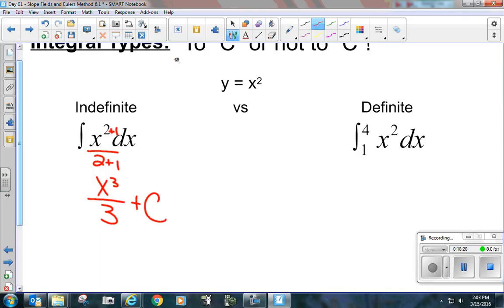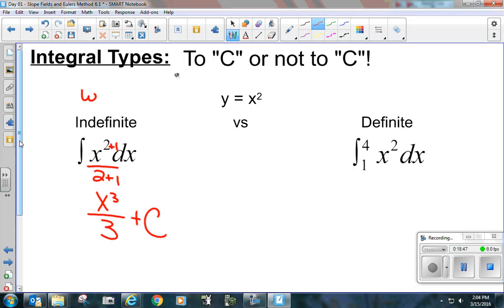Because I don't know what that constant is. I'm now going to show you why we don't need a constant for the definite one. Do you really need to know the purpose behind whether we need the constant or not? Not really. You just need to know that if there are bounds, you do not put a C there. If there are no bounds, you put a C.